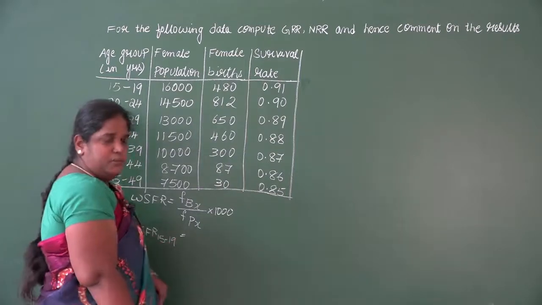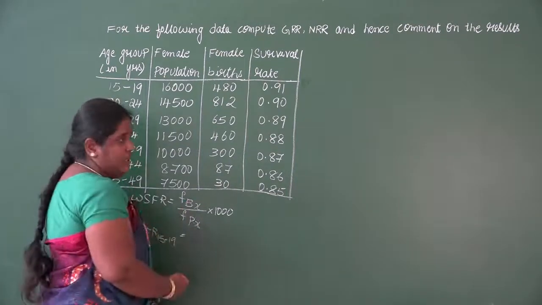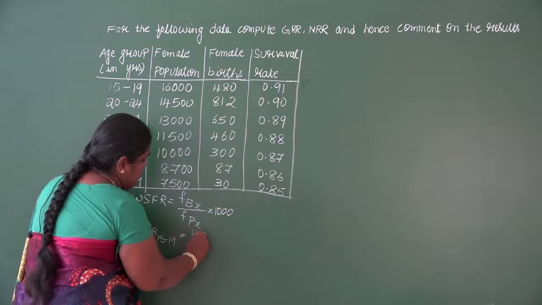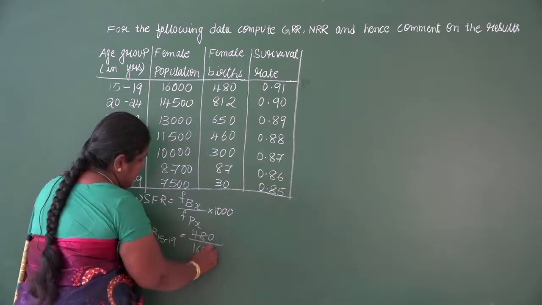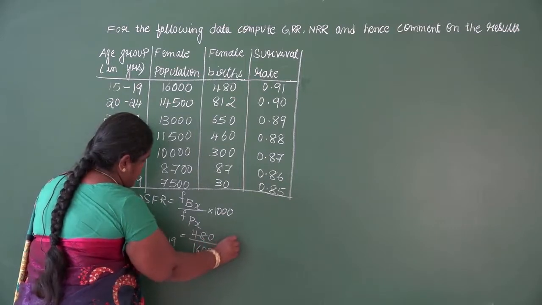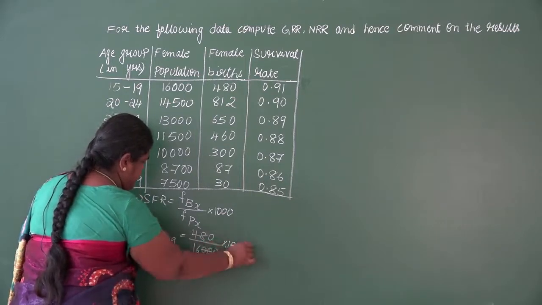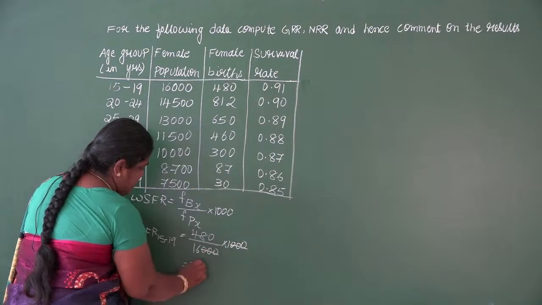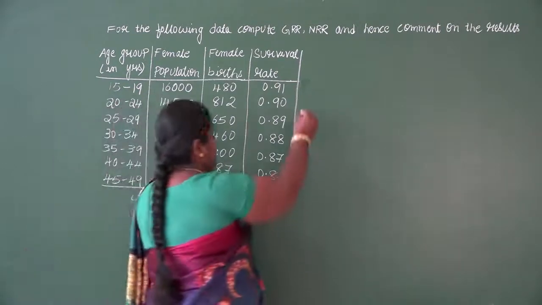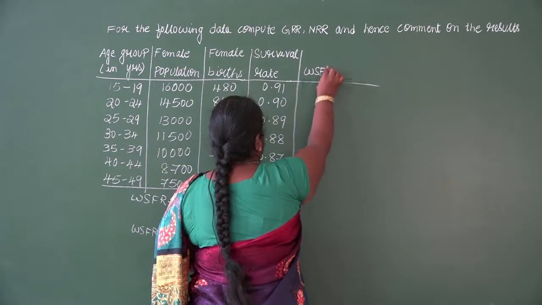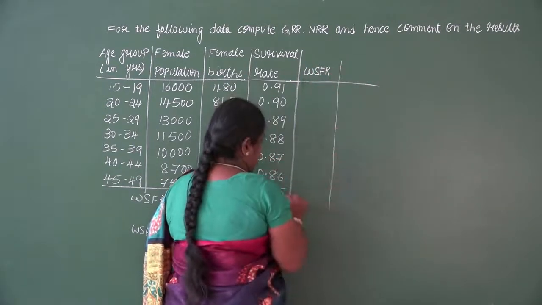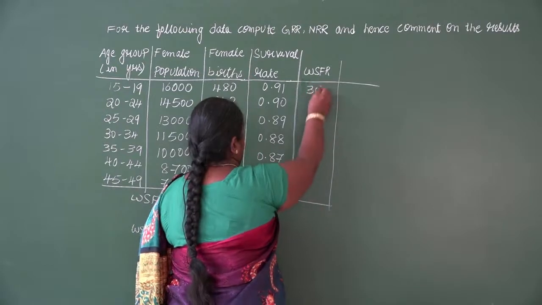So if you want you can mention it, otherwise just directly write the values. So it is 480 divided by 16,000 into 1000. We will get 30. So I'll make one column here as WSFR. WSFR first value is 30.